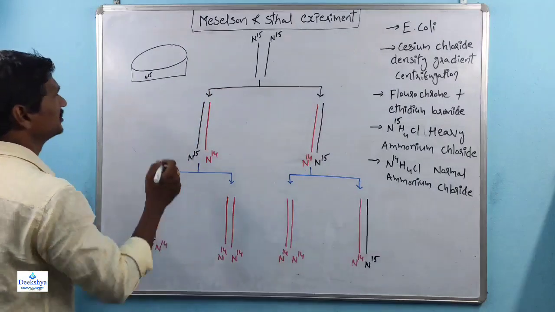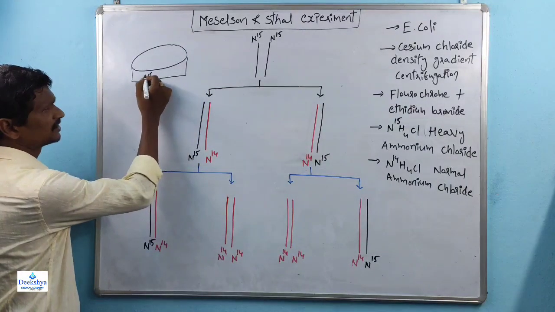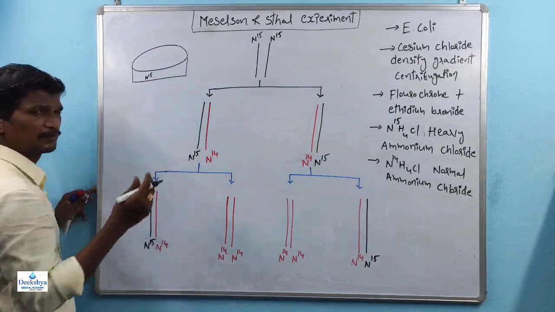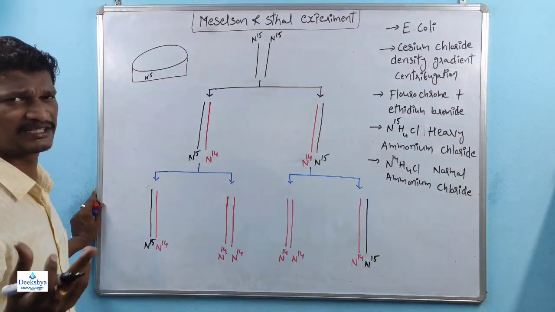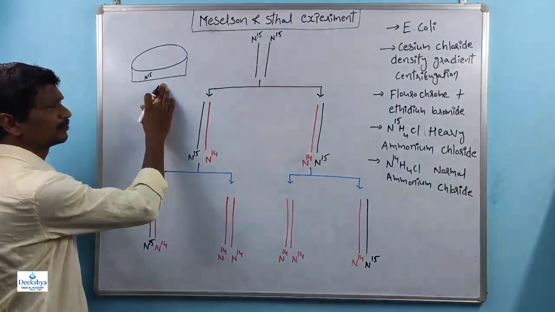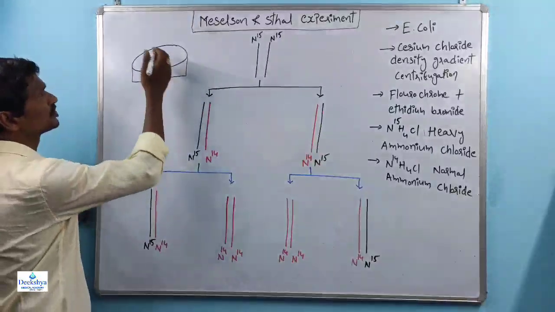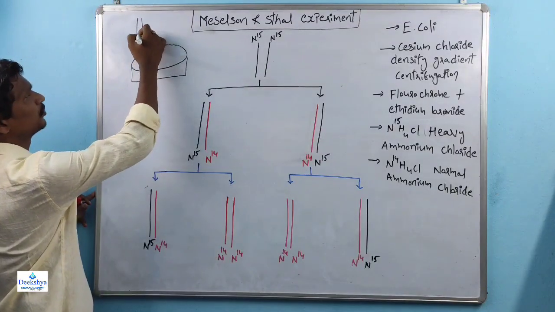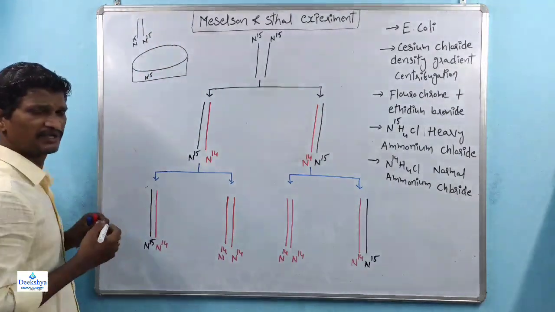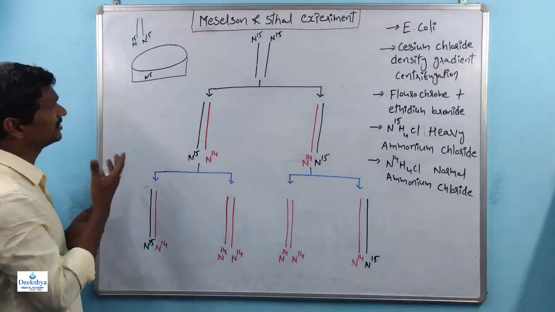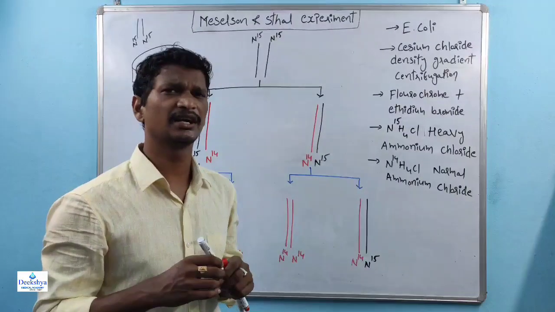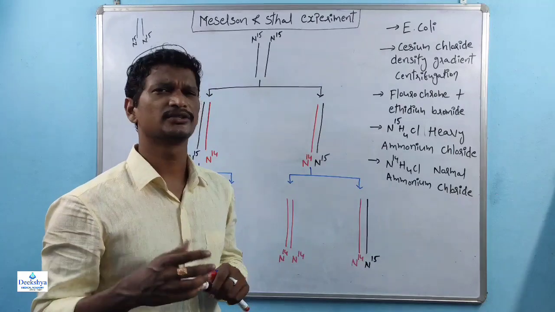Here the media contains N15 nitrogen, and within that media the bacterial cells are cultured up to several generations. Once they are cultured, both strands of the DNA become N15 and N15. Where is that N15 utilized? We know nitrogen bases are there.